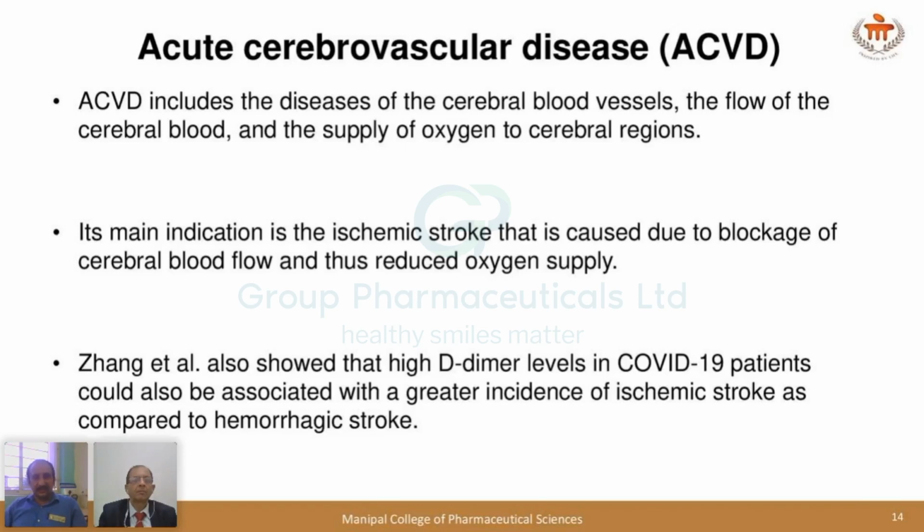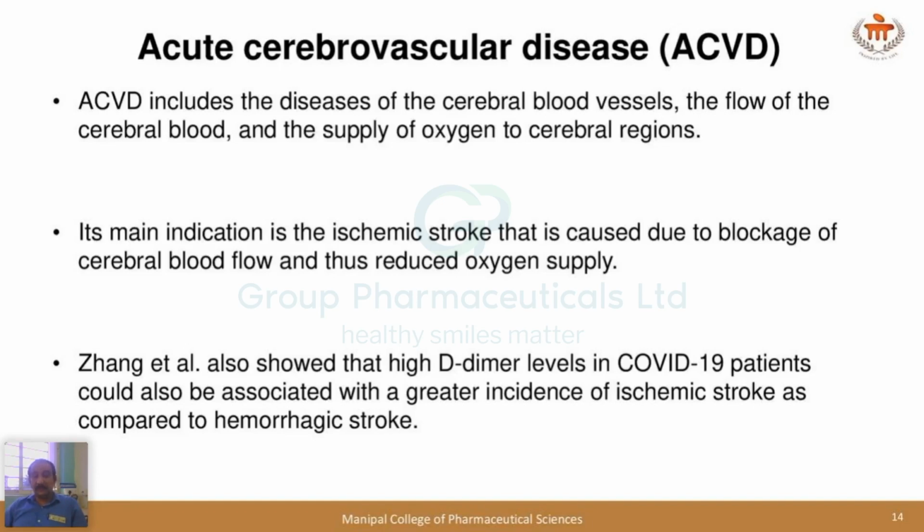The main indication connected with ACVD is stroke, ischemic stroke, which is caused by blockage of cerebral blood flow and reduced oxygen supply. Several reports have shown high D-dimer levels in COVID-19 patients, which links to a greater incidence of ischemic stroke and the presence of acute cerebrovascular disease in several patients.